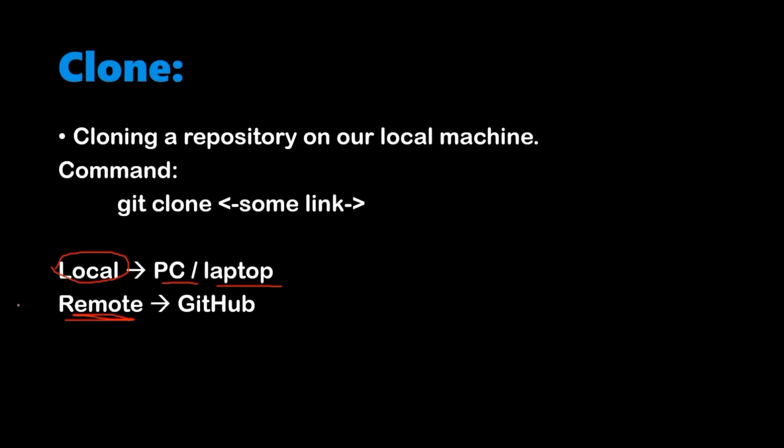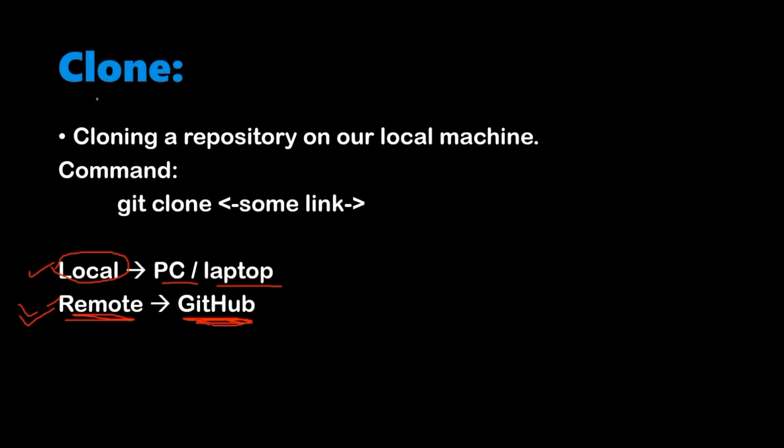And whenever I use the word remote, it means any repository or any project that is uploaded on GitHub, right? These are the two most important terms that you need to keep in mind whenever I am using these two words. Local machine means PC or a laptop, and remote means that the repository or project is uploaded on GitHub, right? If this is clear, then we're going to move on.